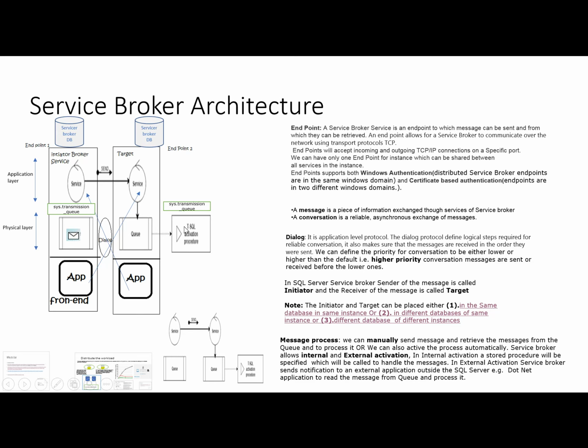Either we can manually retrieve the message from the queue by using SQL Server query commands, or we can automate this process, so that whenever a message comes into the queue it will trigger some automatic procedures that will dequeue and process the message, and after processing, the service will reply back to the initiator service that the payment process is completed.